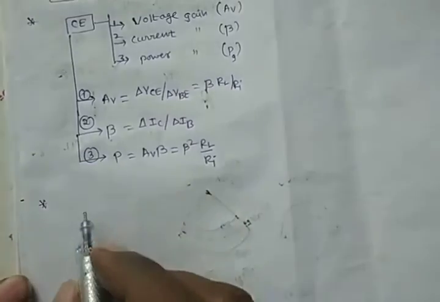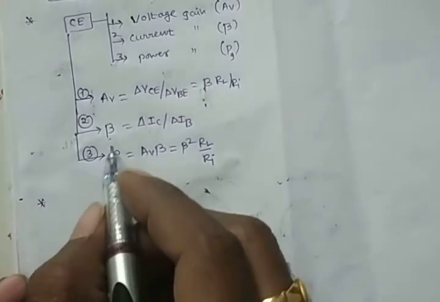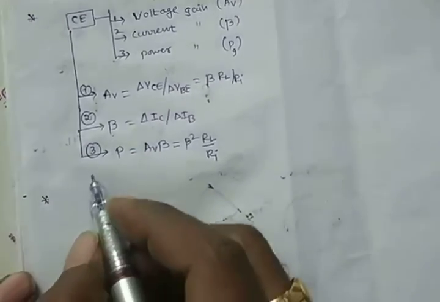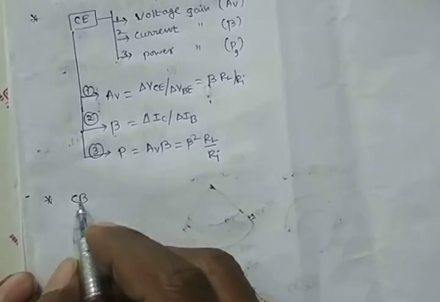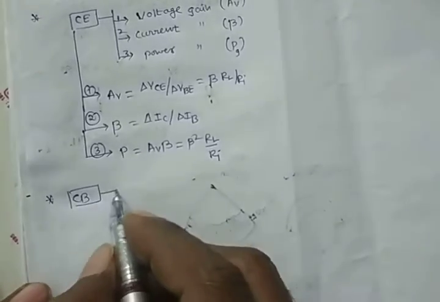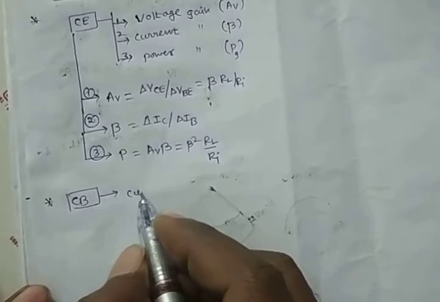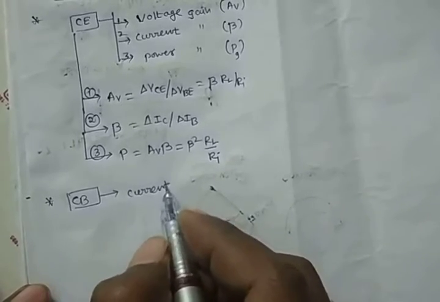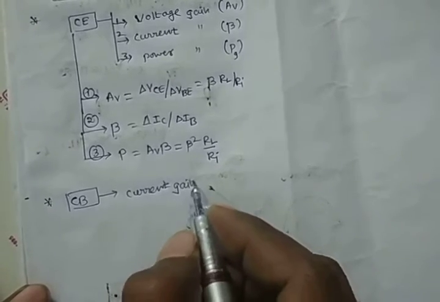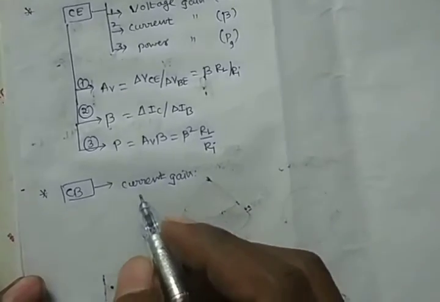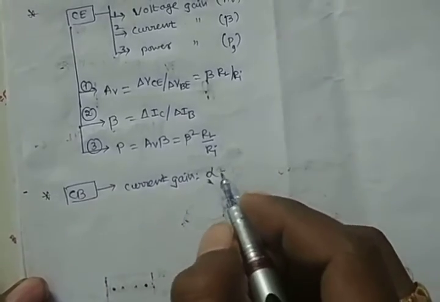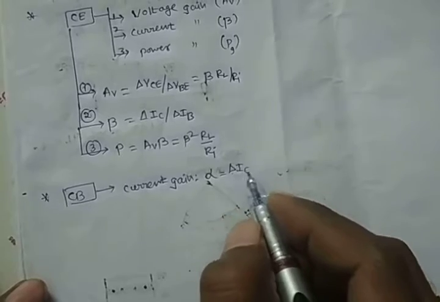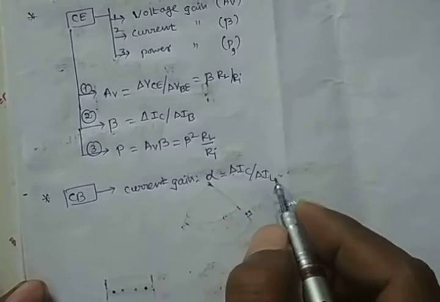In common emitter, beta is the current gain. In the common base, the current gain is represented by alpha equal to delta IC by delta IE.